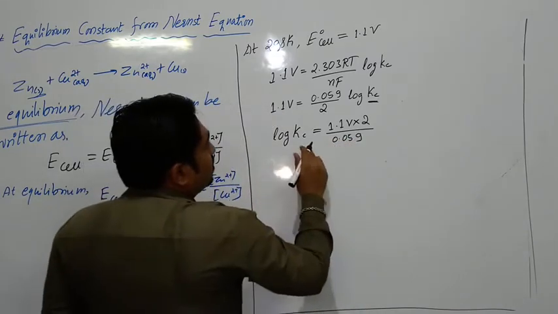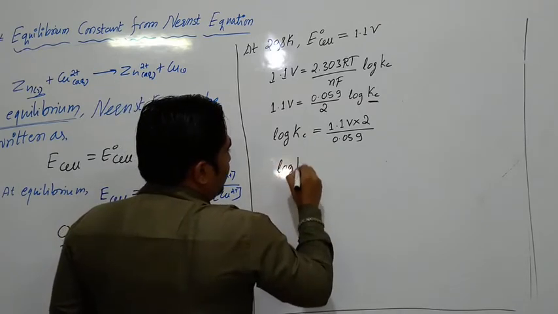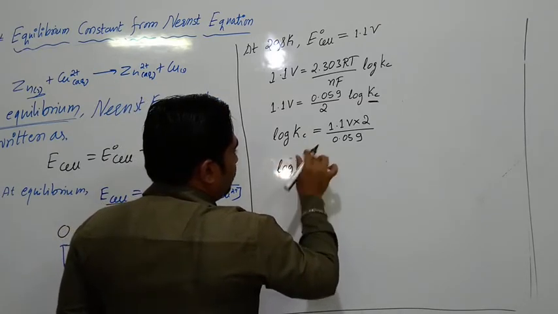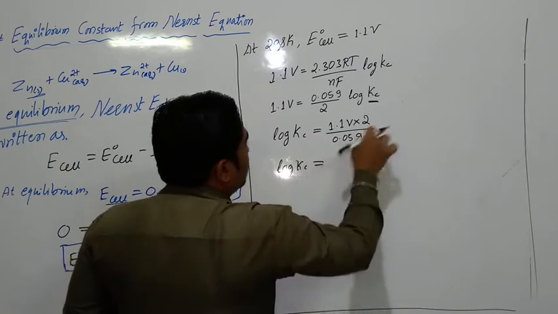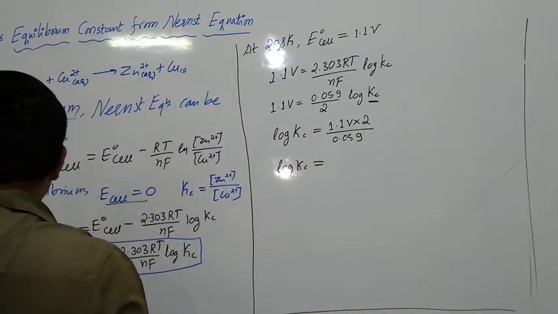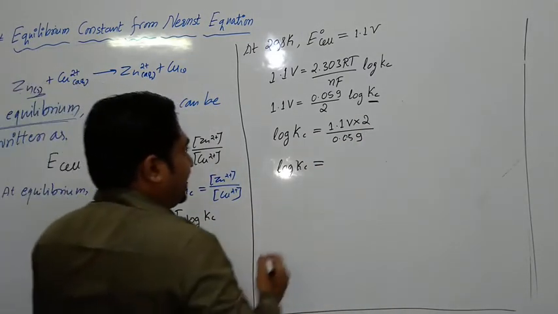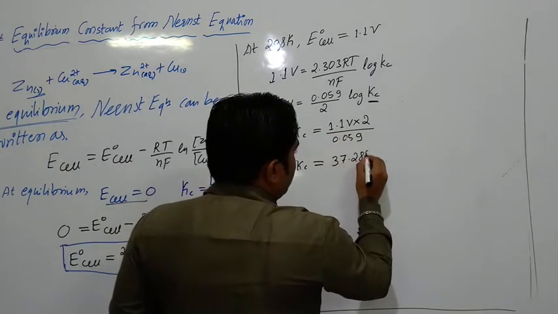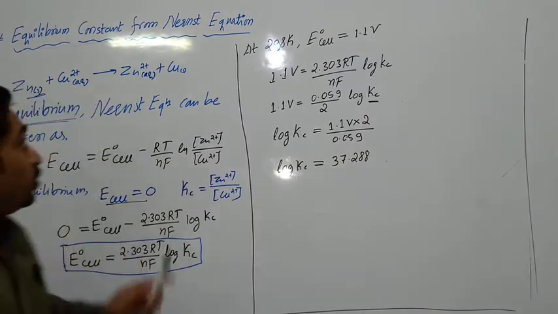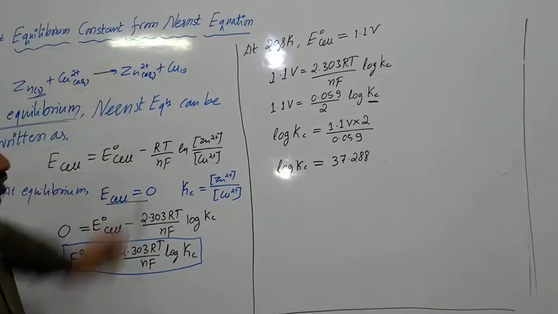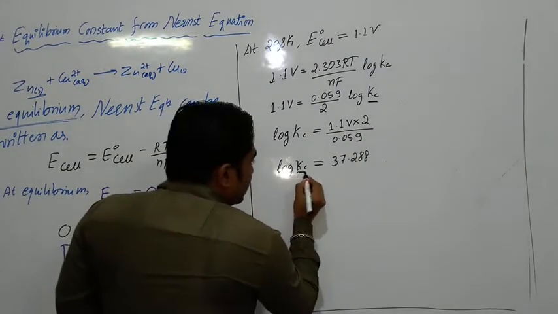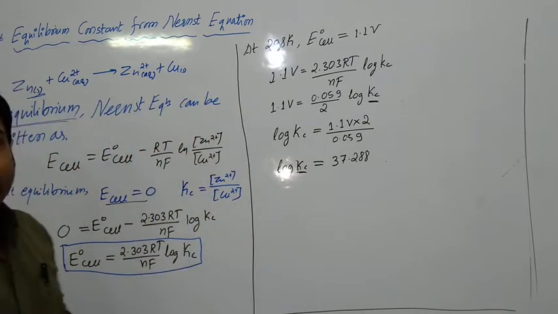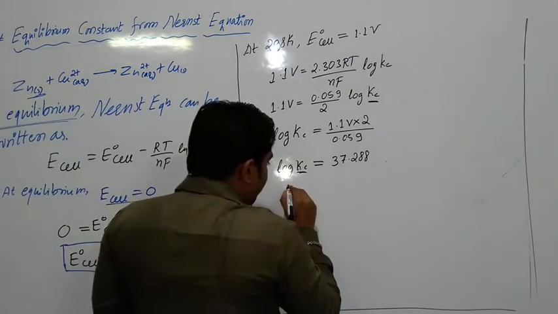Here log of Kc is found to be 37.288. What we want is only the equilibrium constant. The equilibrium constant is only Kc, but this is its logarithmic value. Now we have to calculate only the value of Kc.